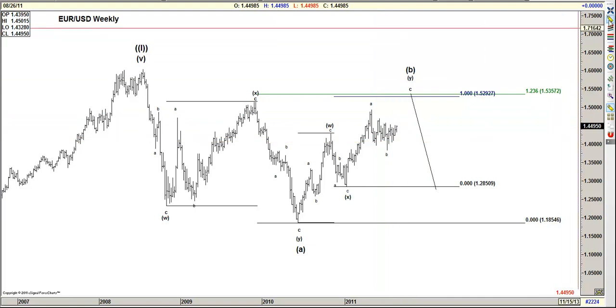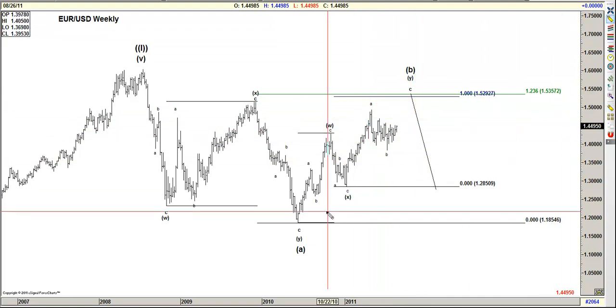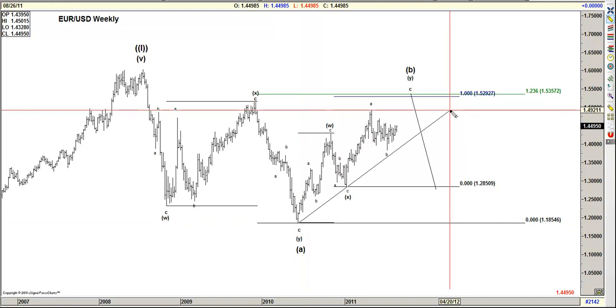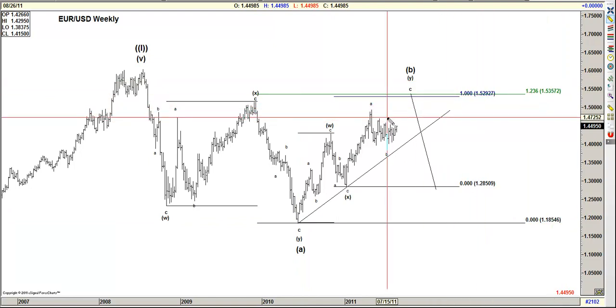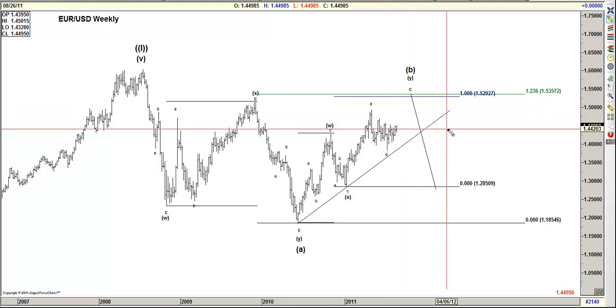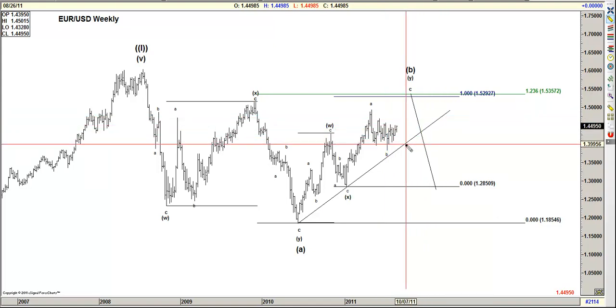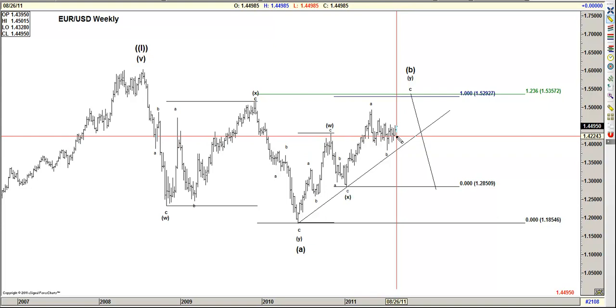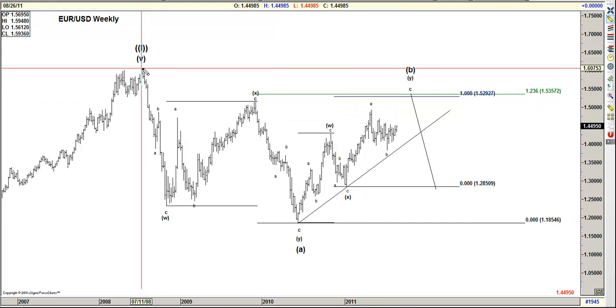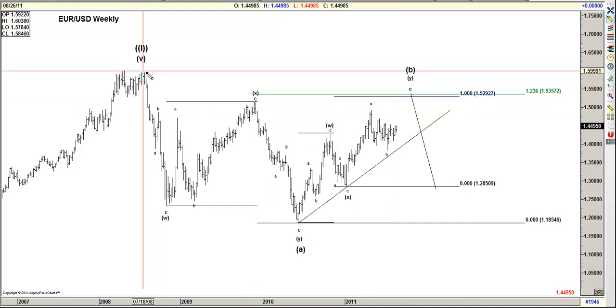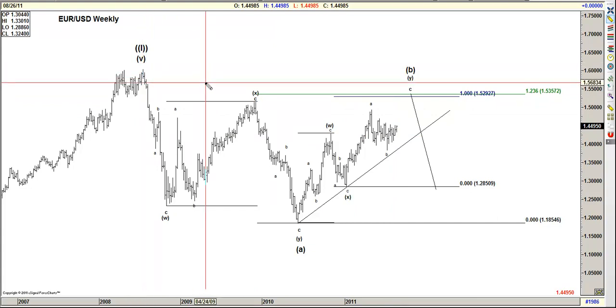Now, the one which is the WSY, the thing that I don't like is that the scenario requires the break of the 138.37 low, and the bullish trend line won't allow that. And then if the euro is bearish, it is because this, which is the all-time high around 160.38, is the end of a super cycle.